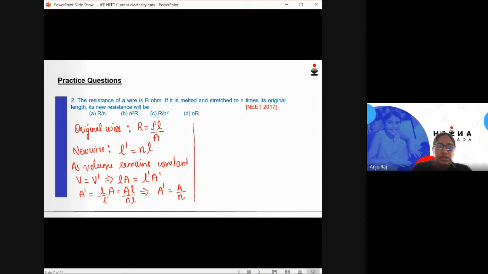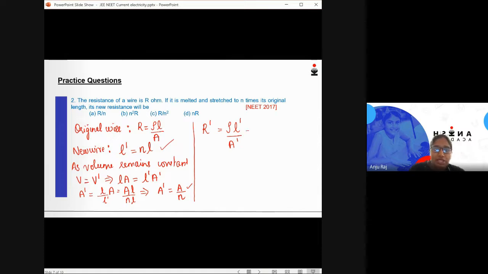So you have L dash and A dash, both the new length and the new area. Now you can find the new resistance. New resistance, I am writing it as R dash is equal to rho L dash by A dash. The resistivity won't change because it is the same wire that you are stretching. So the resistivity will remain the same for both.